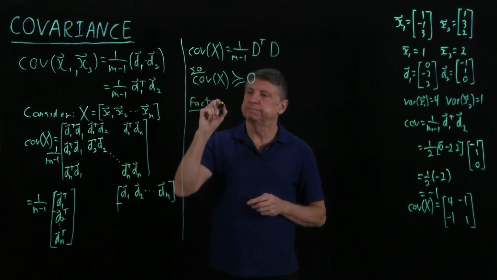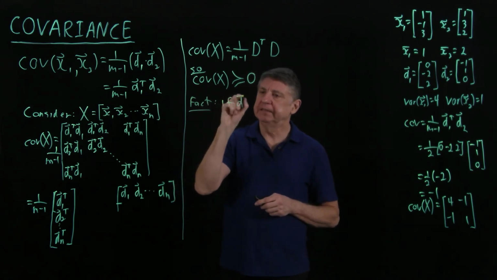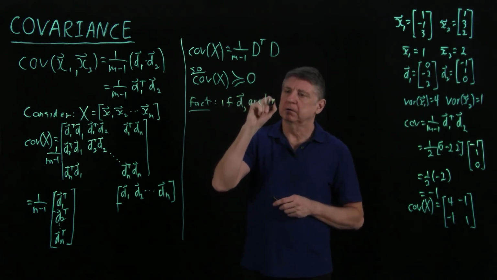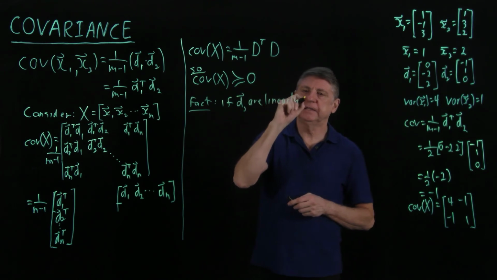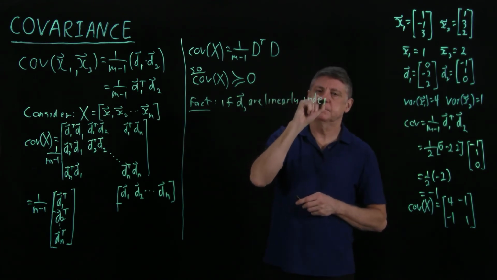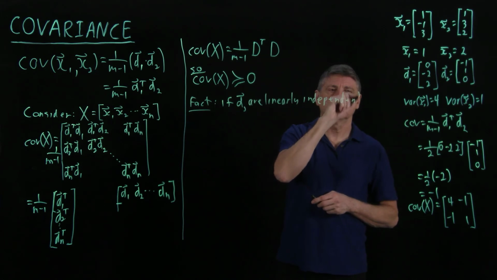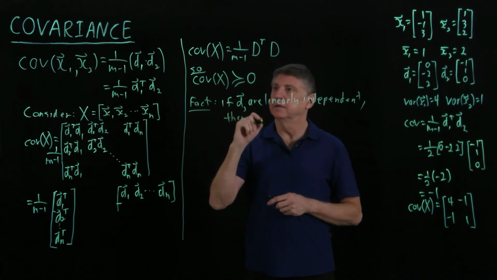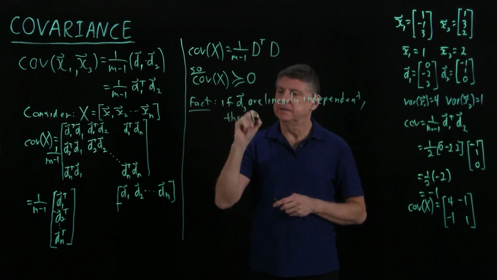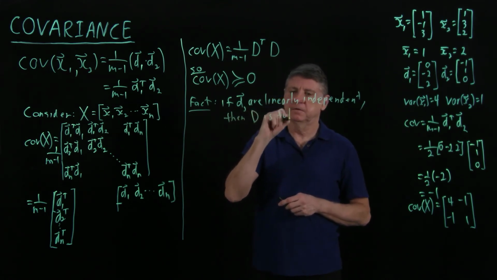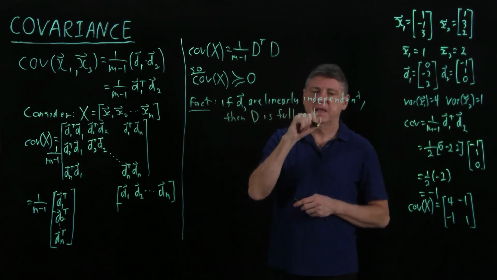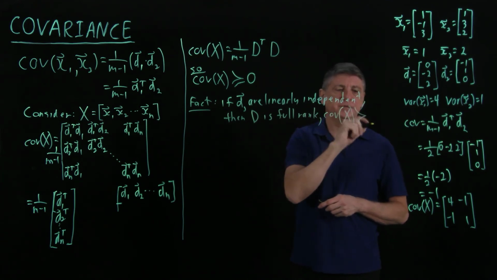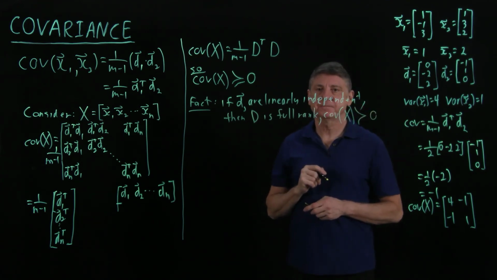The fact is, if the difference vectors are linearly independent, then D is full rank, and that means that the covariance matrix is symmetric, positive definite.